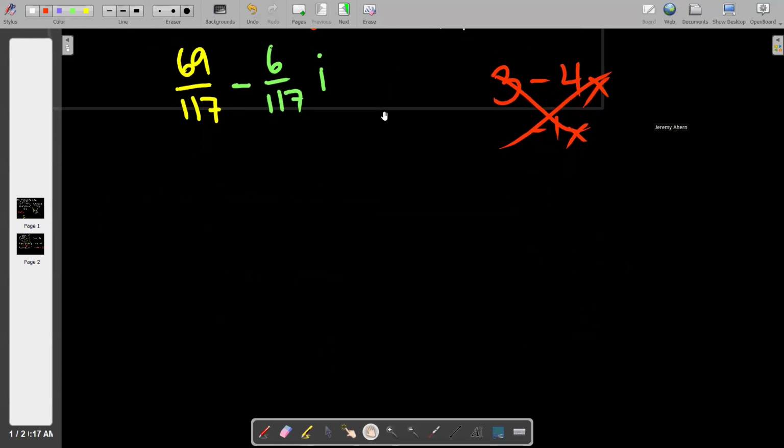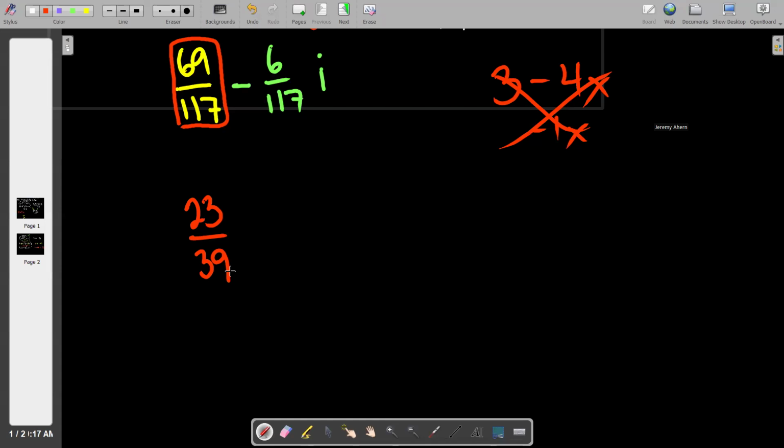What is it? You can reduce both fractions down. I believe they're all divisible by 3. So just look independently at each fraction. If you divide the top and the bottom both by 3, you're going to wind up with 23 over, I think, 39. Check my math, but that feels pretty good. 69, 23, yeah, that's good.